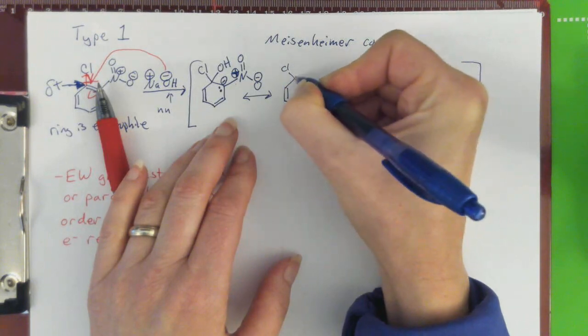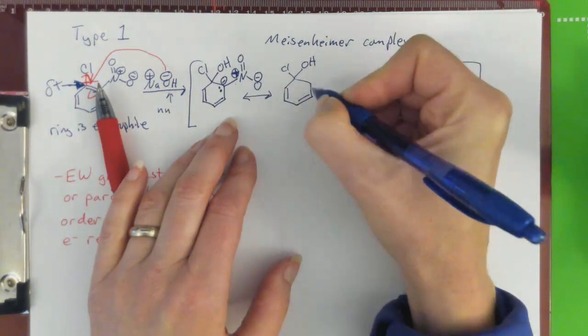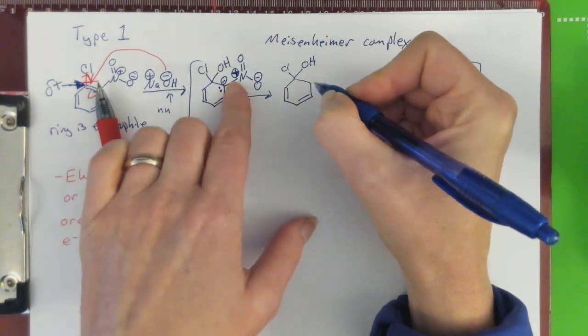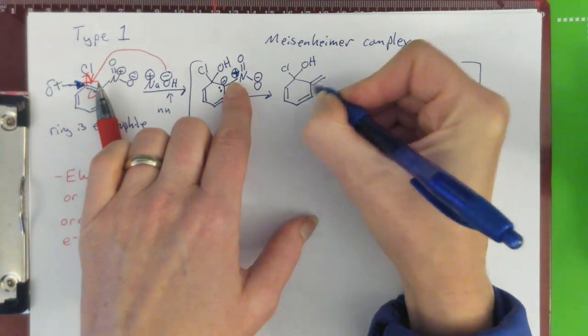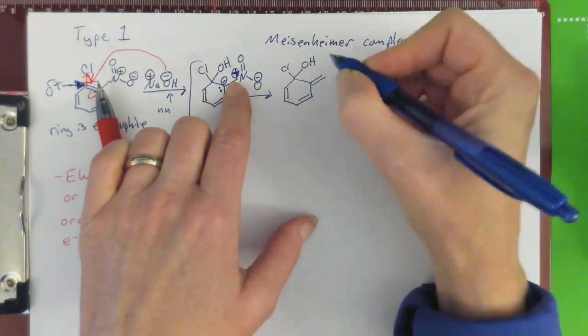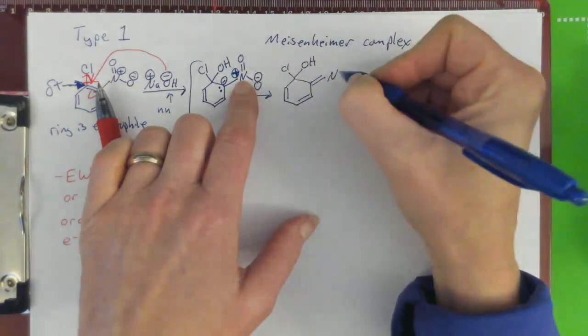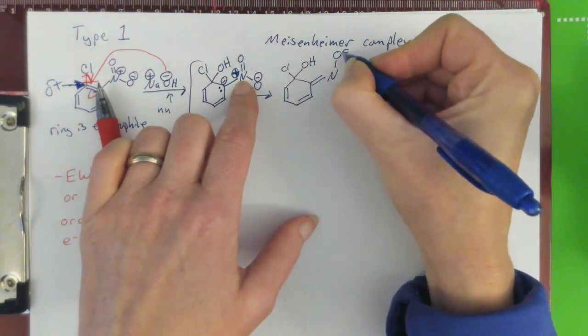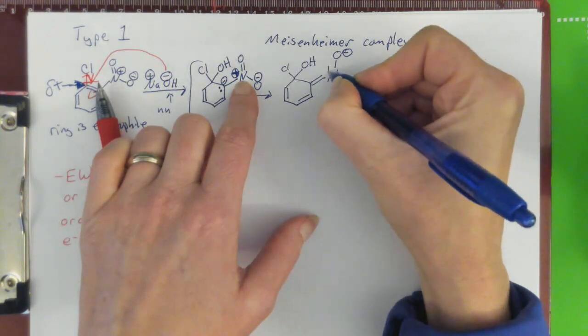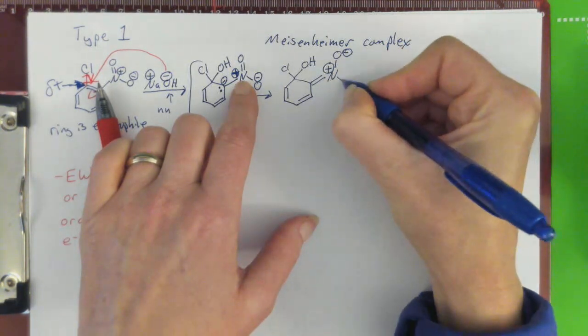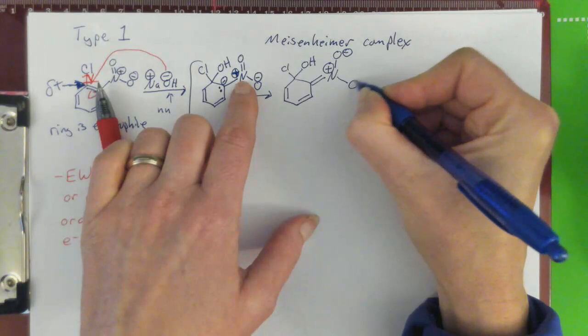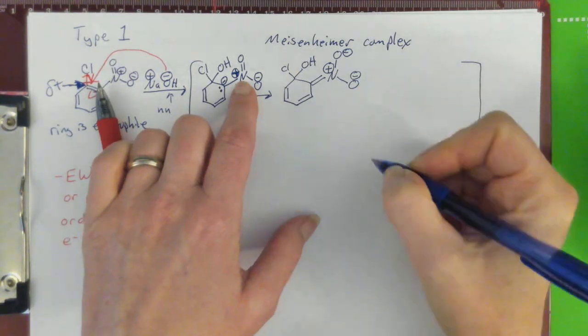So when I do that, remember the atoms all remain in the same locations. So I've moved this pair of electrons here. So now I have a double bond here, no charge in the ring. My nitrogen is here. I bumped a pair of electrons up on the oxygen, so that has a formal minus charge. The nitrogen still has a formal +1 charge because it has a total of 4 bonds around it and no lone pair.